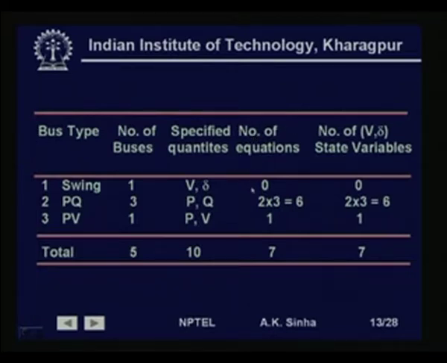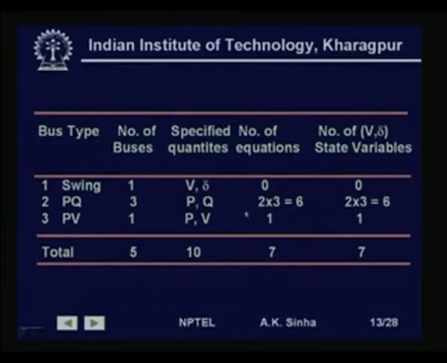So, how many equations do we need to write for this bus? Since both voltage magnitude and angle delta are known at this bus, and the load flow needs to find the voltage magnitude and delta at all the buses, we do not need to write any equation for this bus. So, the number of equations needed for this bus is 0, and the number of state variables required to be computed is 0.